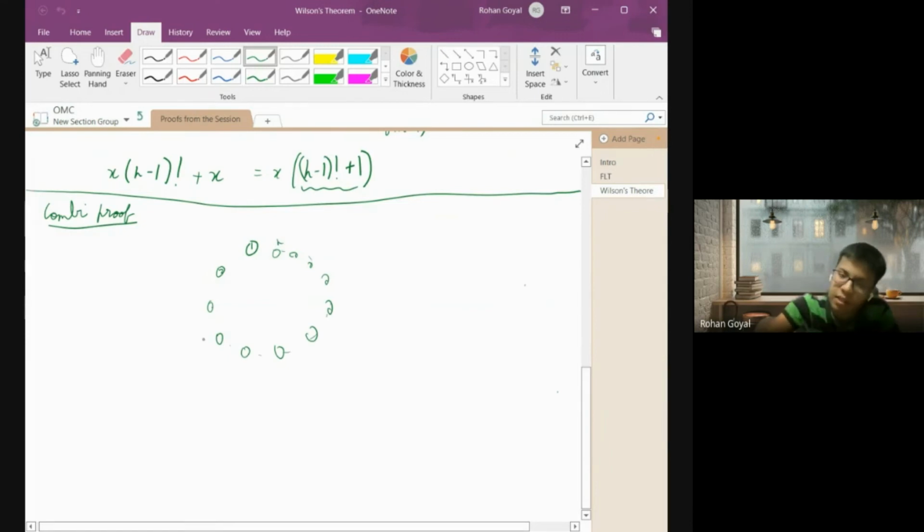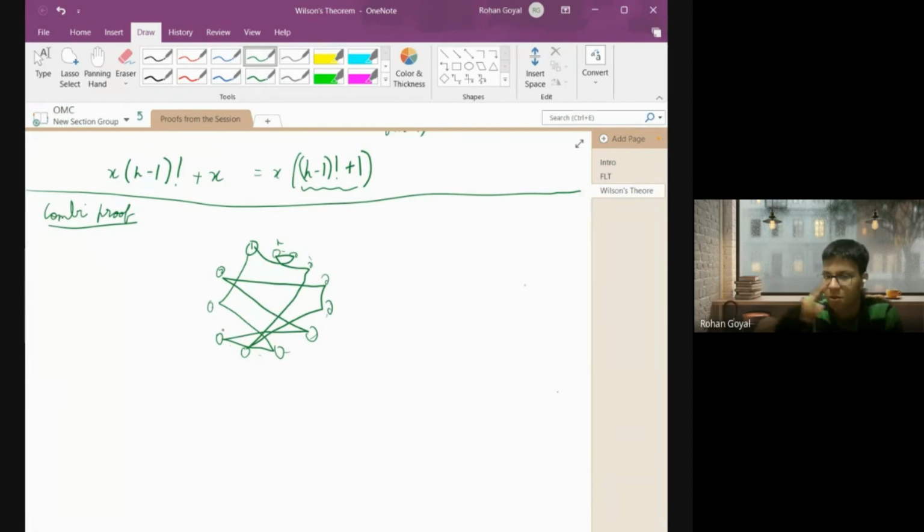What we look at now is the number of paths that start from 1, go to everything in some weird manner possibly, and return to 1. How many such paths are there? That go to everything, and go to everything exactly once.